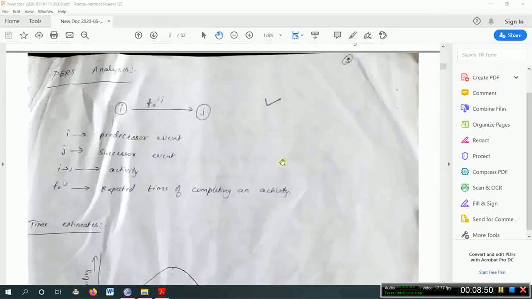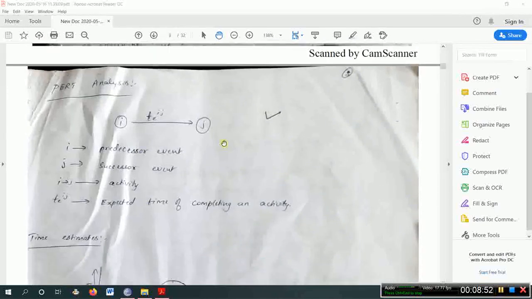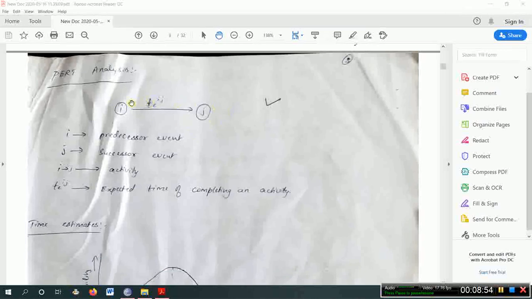Now after constructing the network, this is the activity. It is called an activity i to j, where i is the initial event, j is the final event, and te to the power of ij is the time estimate. To complete this particular activity, what is the time taken?